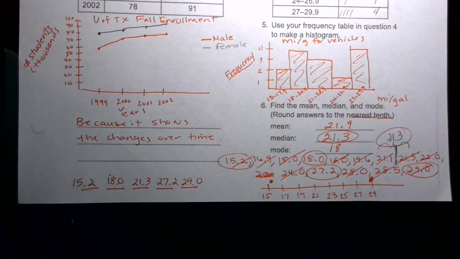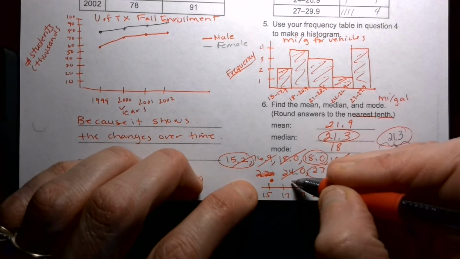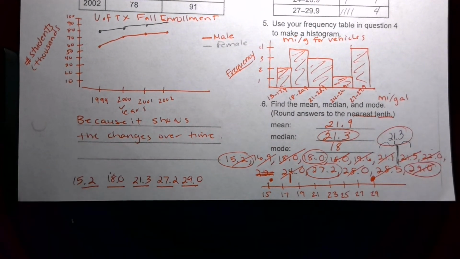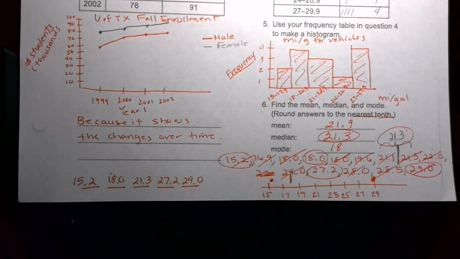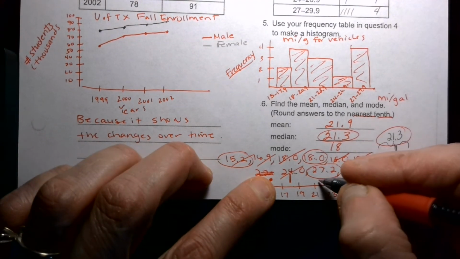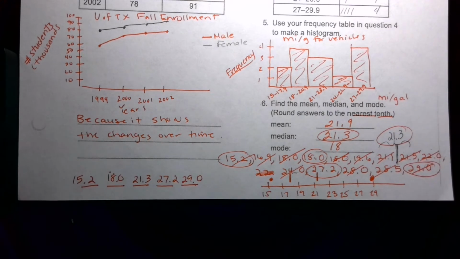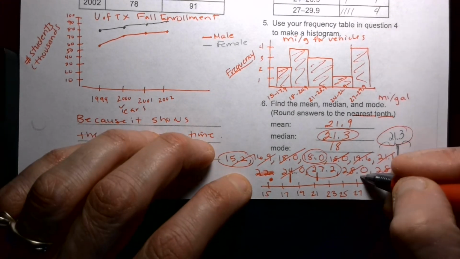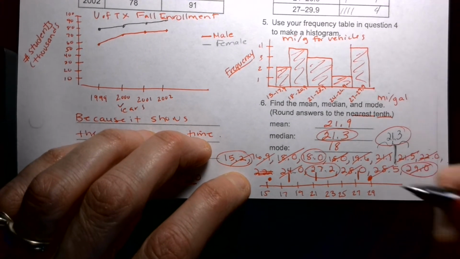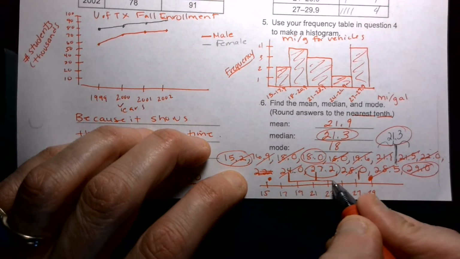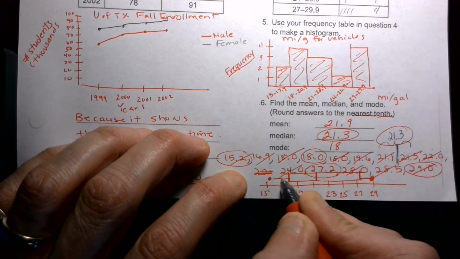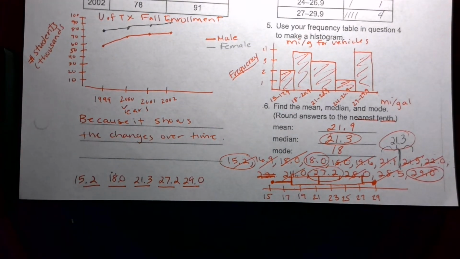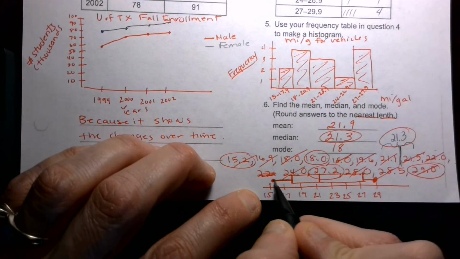The other three are lines. So 18 is a line. And I'm not connecting it to this line, by the way. This is just floating above it. 21.3 is a line. And 27.2 is a line. And then this makes one big box right here. You connect the whiskers. Go over that with the pencil.